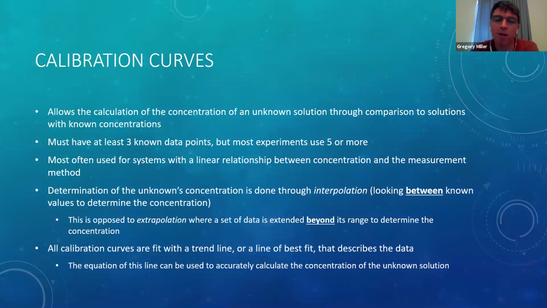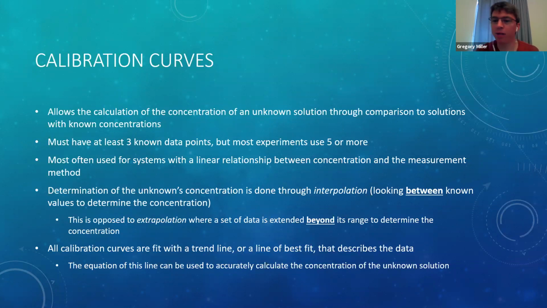So calibration curves, again, that's kind of the whole point of this. What a calibration curve is, you use your methodology on a known set of samples. Then you do the same methodology on an unknown sample, or in this case, we'll be doing 2 samples. And you can use the calibration curve to exactly calculate what you're looking for.